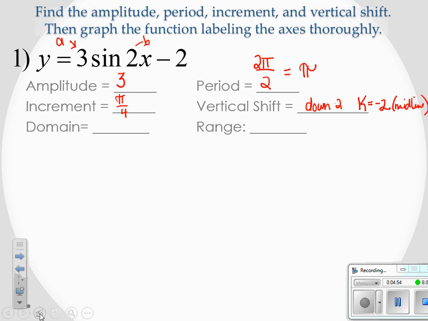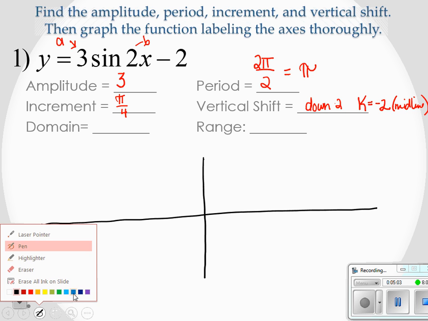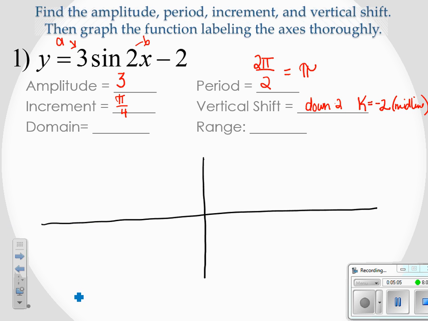All right, so let's start by graphing the x and y axes. Okay, and now we're going to have to do colors. I expect all colors being used from this point on. I always do my amplitude in blue, but before I do that, I need to do my midline.